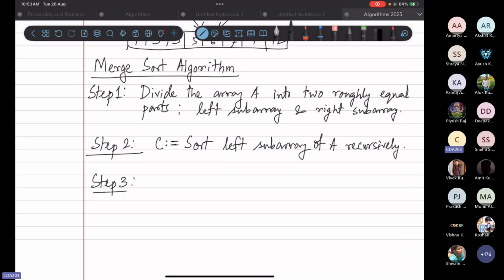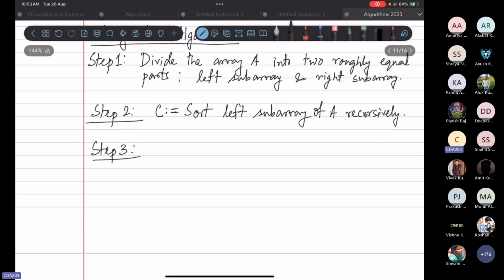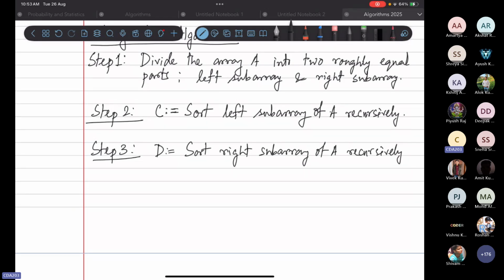Step 3 is also similar. I have to sort the right subarray recursively.